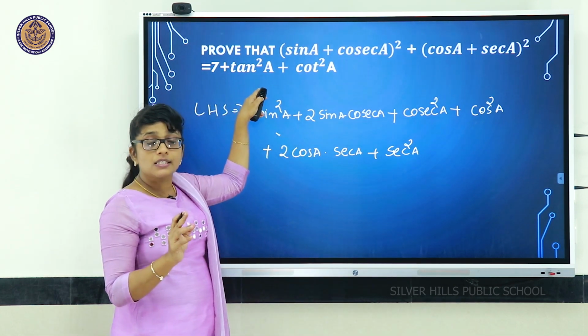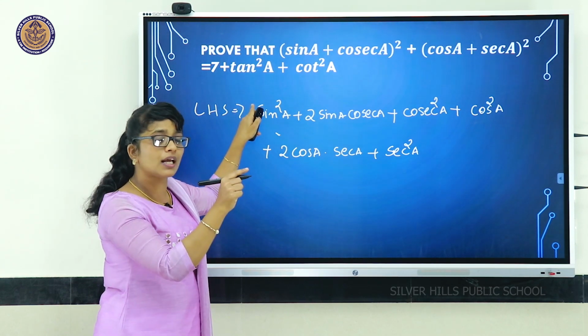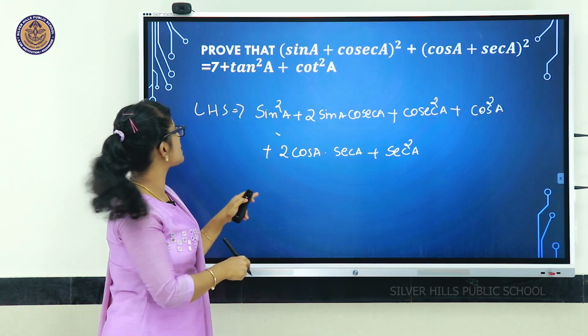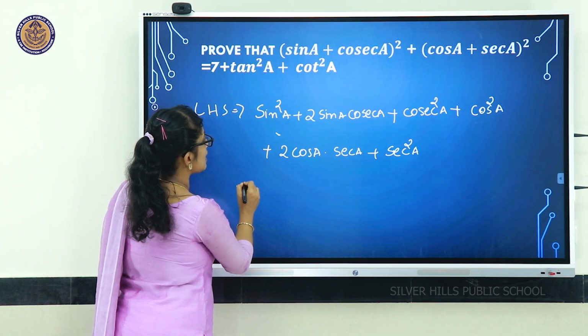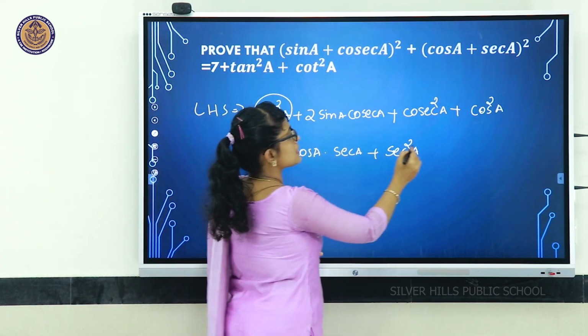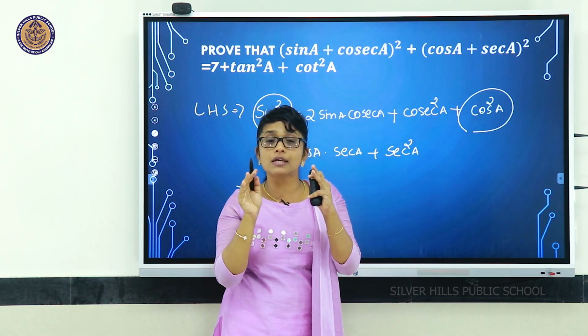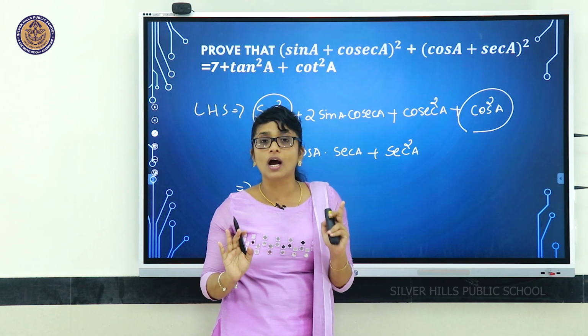On the RHS side we have to get 7, so we have to think logically and use our common sense. Then sin square A plus cos square A, that is our identity.